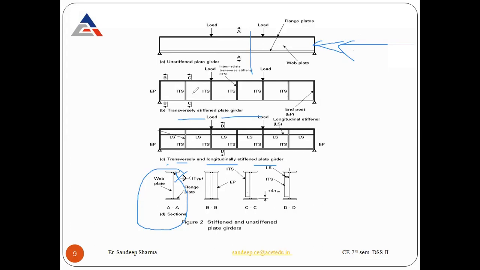So this stiffened girder along this side that you can see from here, and on the C side, from this side you can see this section along the CC section.